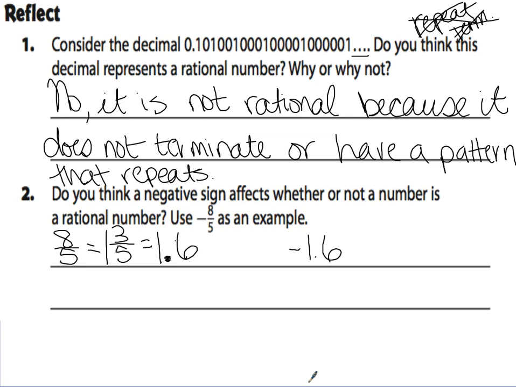The tell-all here comes from the decimals, okay? It has to repeat or terminate. In this case, it terminates, so it is rational. So having a negative sign doesn't impact whether or not it's a rational number. Okay?